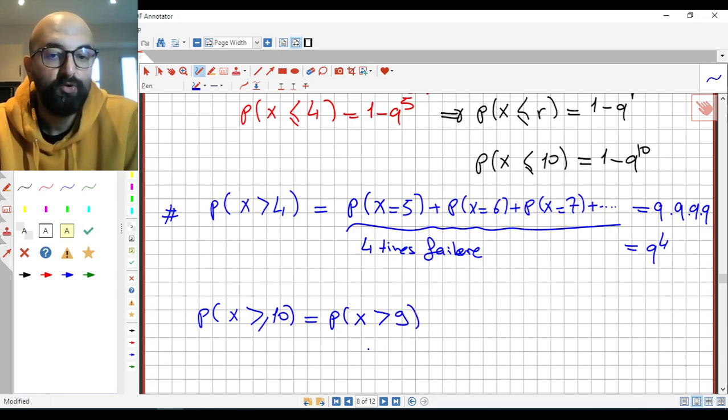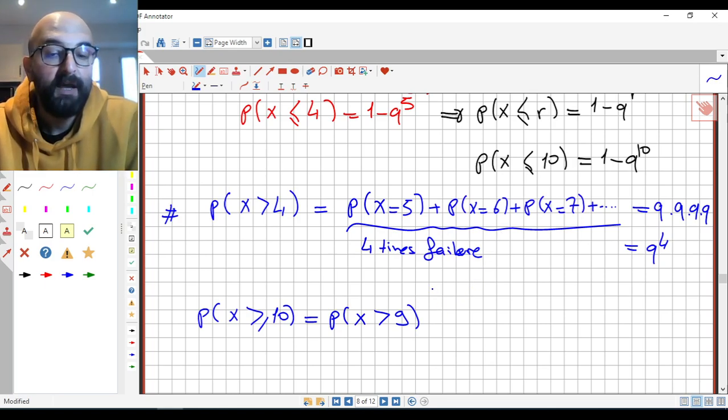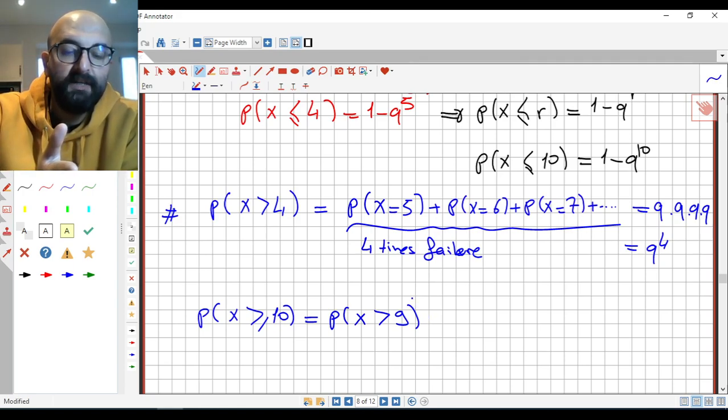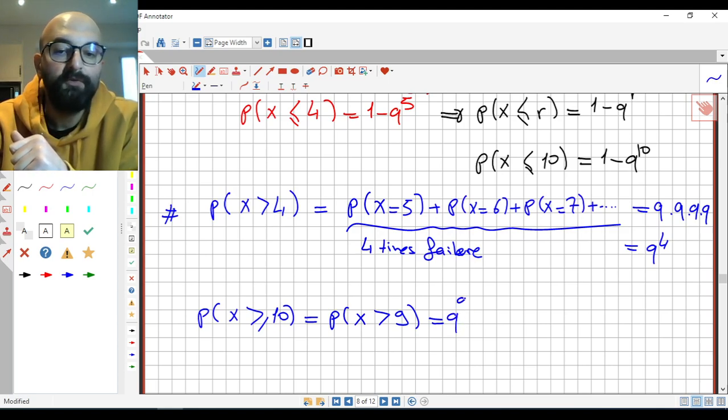And if we want to get success in the 10th trial, 11th trial, 12th trial, like that, we have to come across failure in the 9 trials, and you can say that it is q to the power of 9.